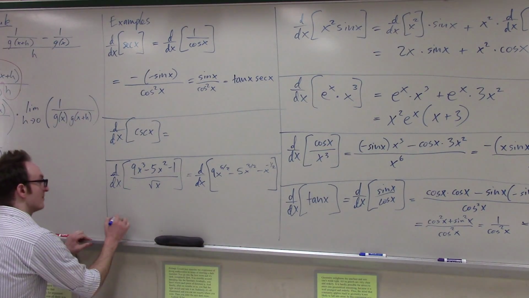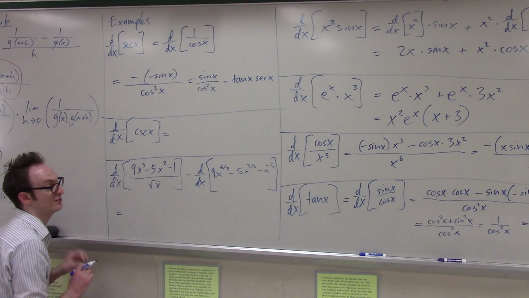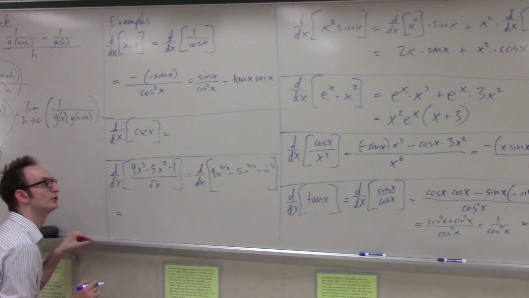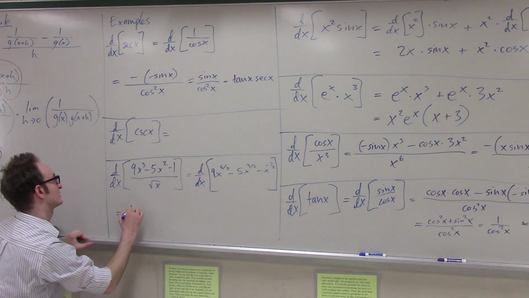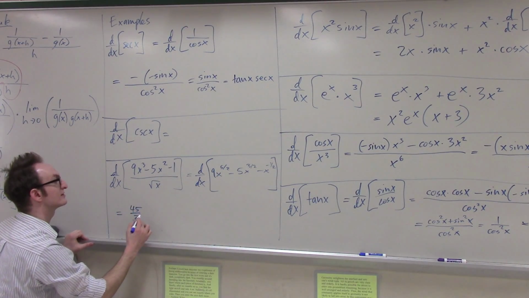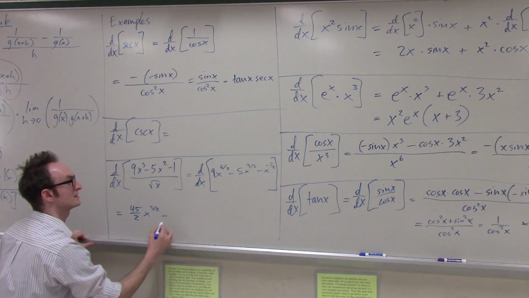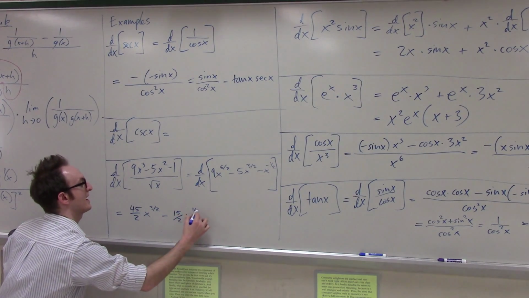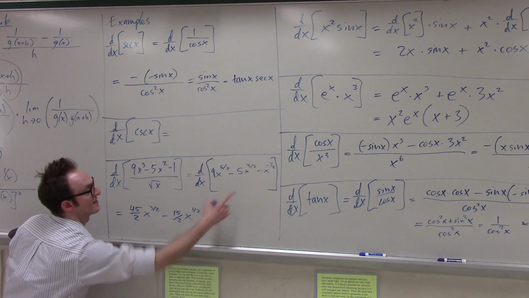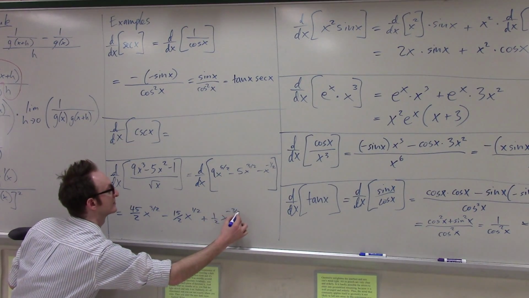And now, by using the power rule, specifically the power rule for fractional exponents, which I haven't proved yet, but will soon, this is going to be, bring down the power, I guess that's 45 halves x to the 3 halves minus 15 halves x to the 1/2. And then that's going to be a plus 1/2 x to the negative 3 halves.